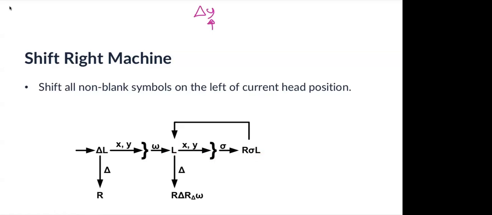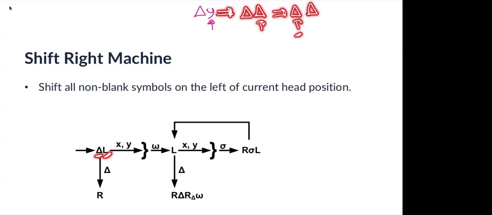In this case, we will do delta, which means we will change y into a delta. And we are still in this position for the head. And then we will do a left, which means the head will go to the left.